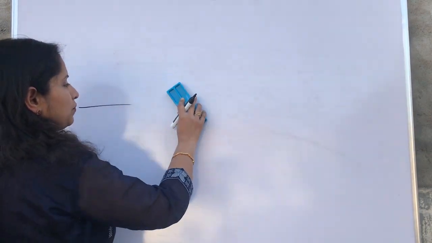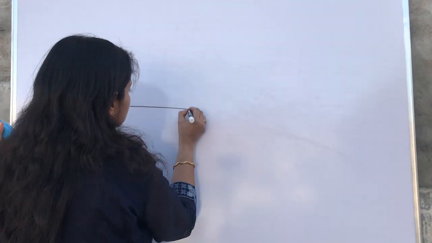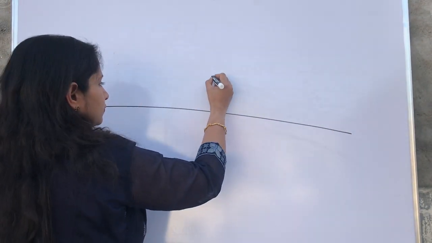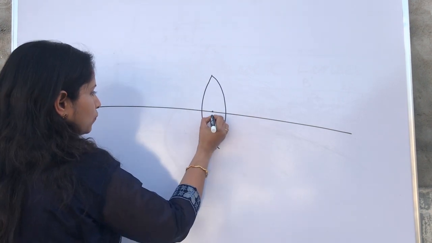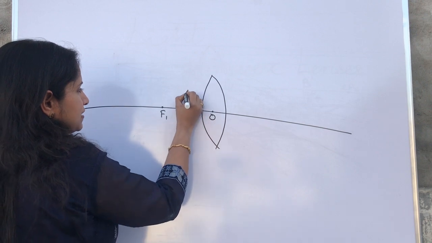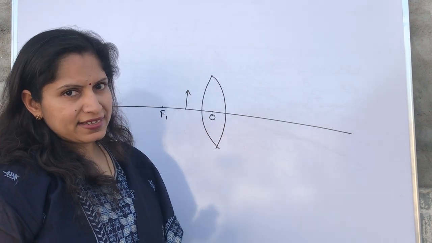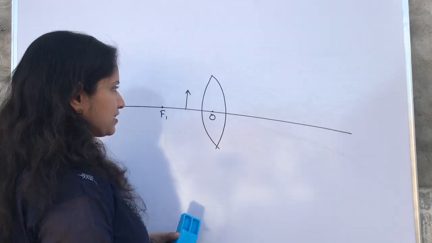Now next one is when we place the object between optical center and F1. We are placing the object very close to our lens now. We are placing it between F1 and optical center.